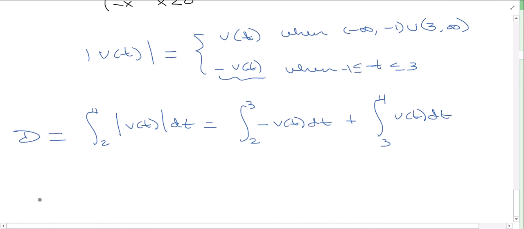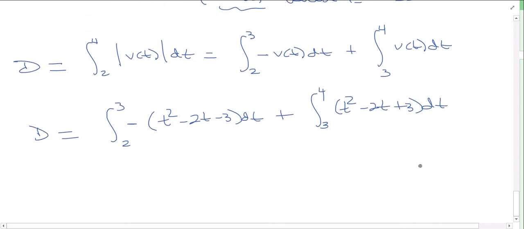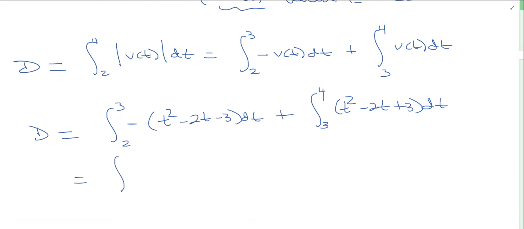So our total distance traveled will be the integral from 2 to 3 of negative v of t, our function, t squared minus 2t minus 3 dt, plus the integral from 3 to 4 of the function as it is, t squared minus 2t minus 3 dt. And now we can integrate it. I don't need the integral symbol if I'm going to integrate.